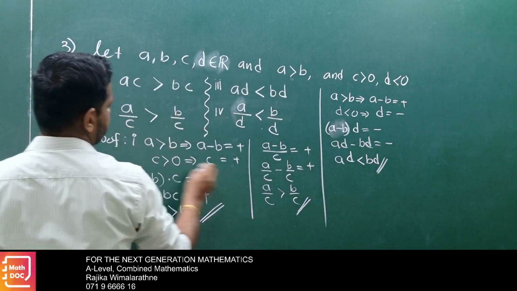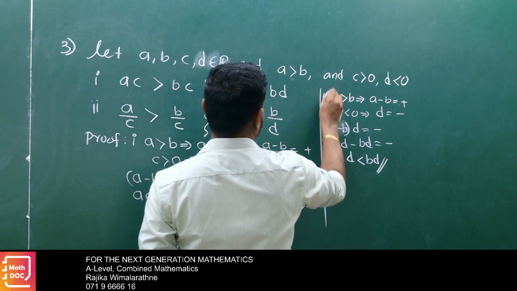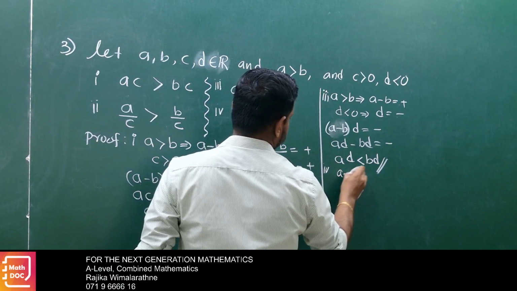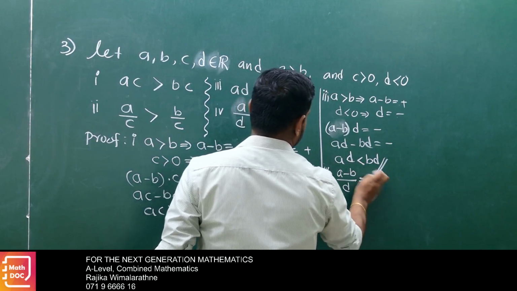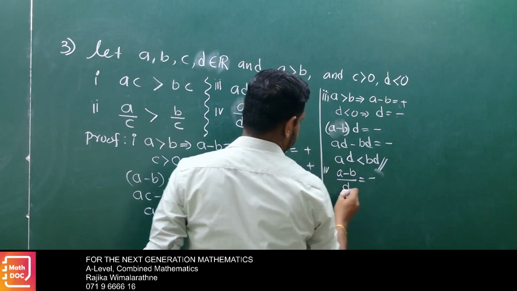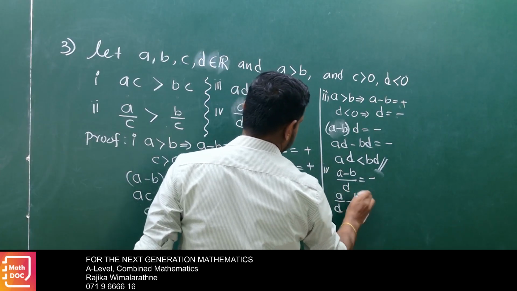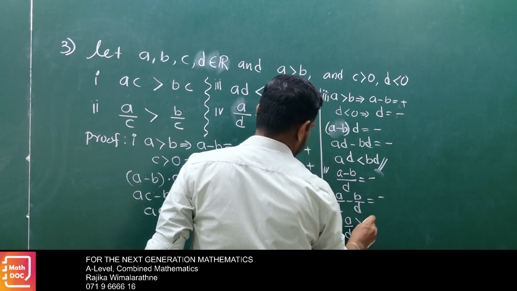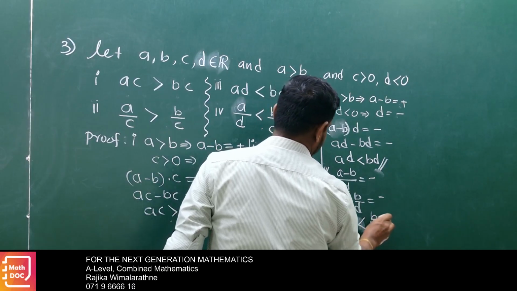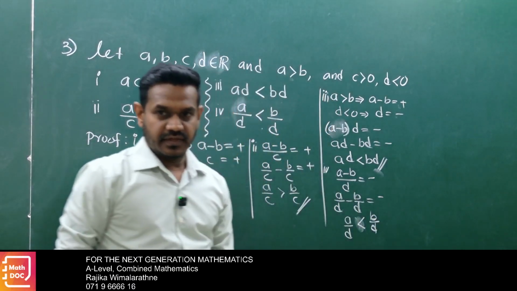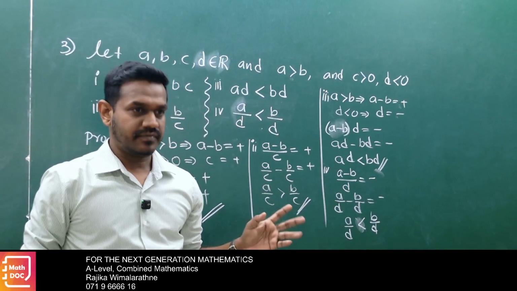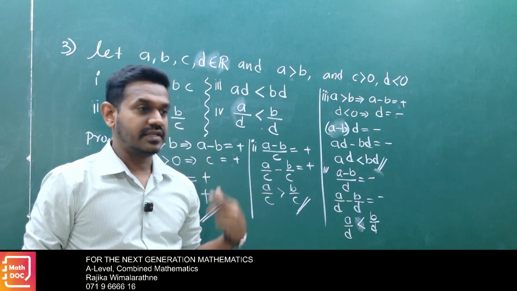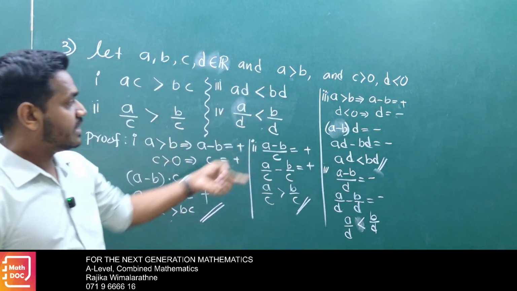Here first one, here second one, here third one. We can do a similar thing for the fourth, no? Then A minus B divided by D. Here positive divided by negative, we get a negative result. A over D minus B over D negative, then you can say A over D less than B over D, no? That is a very important thing. Then when you multiply or divide by a positive value, no need to change the sign. But when you multiply or divide by a negative value, then we have to reverse the sign, no? Okay. Write and do that proof.